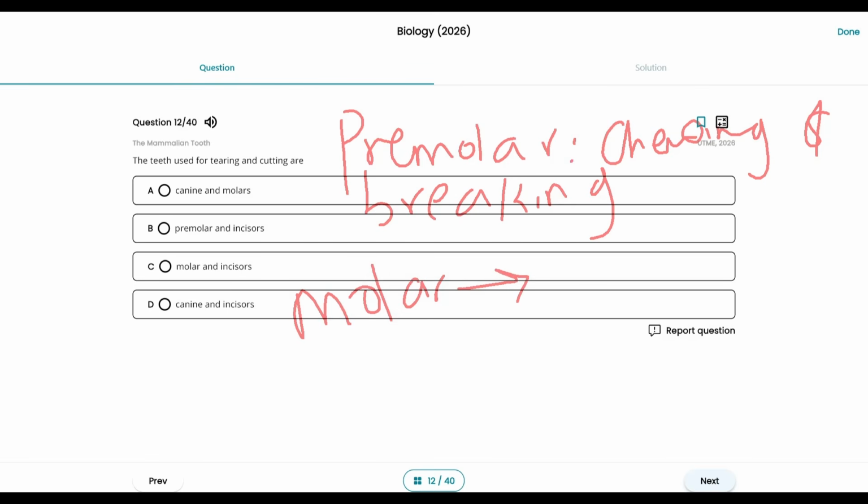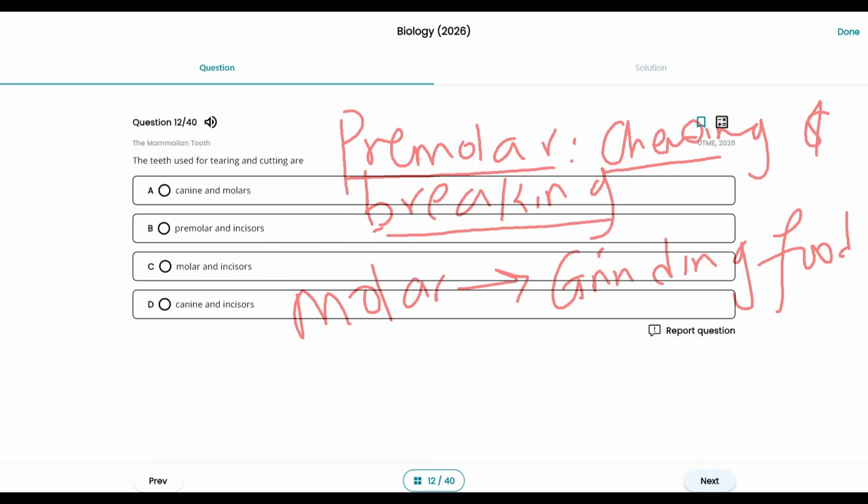Molar is the last part. It's very flat, and they are used for grinding food. So you can write them down. Premolar is used for chewing and breaking. Molar is basically used for grinding.